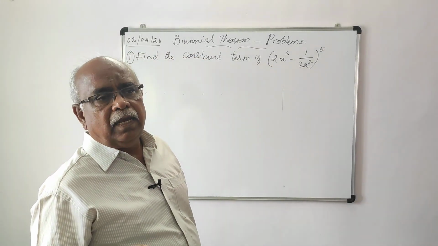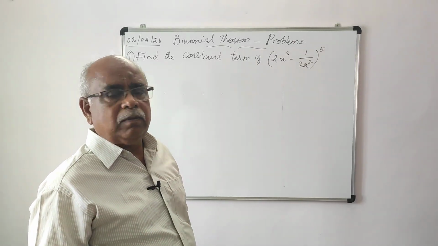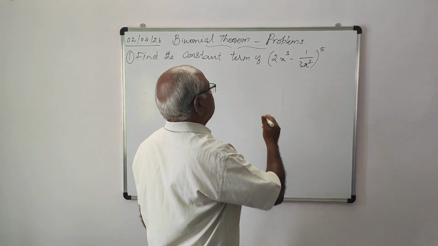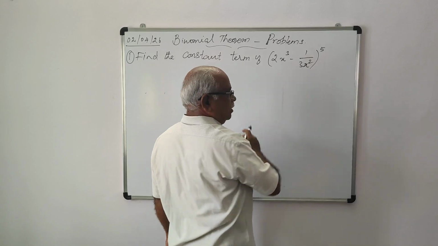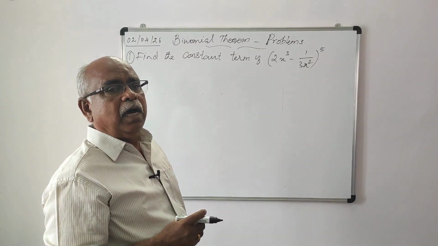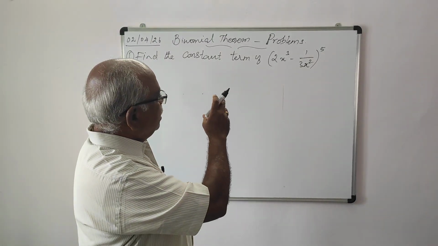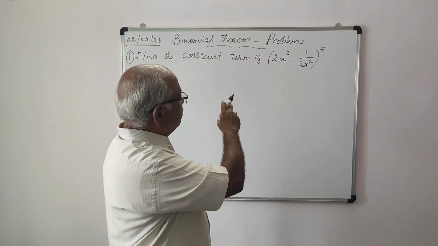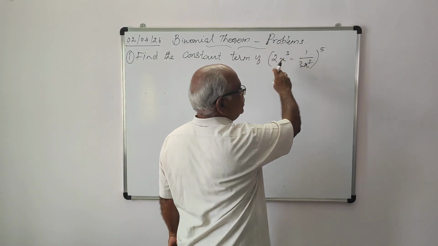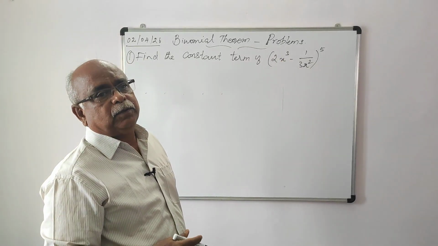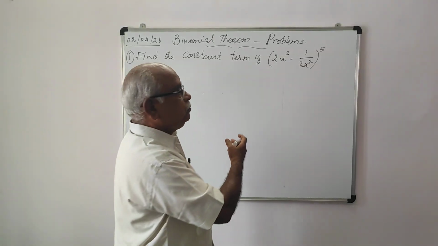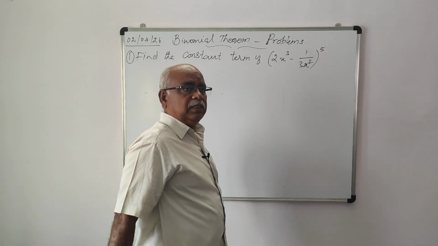Constant term means the term x should not be there. The variable x should not appear in the expansion. That is the last term. In the expansion, the last term is the constant term.